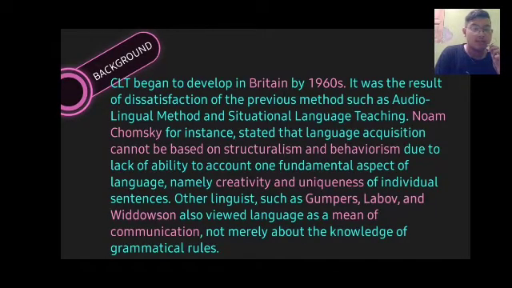Noam Chomsky, for instance, argued that language acquisition cannot be based on structuralism and behaviorism due to lack of ability to account for one fundamental aspect of language, namely creativity and uniqueness of individual sentence. Other linguists such as Gumperz, Labov, and Widdowson also view language as a means of communication, not merely abundant knowledge of grammatical rules.